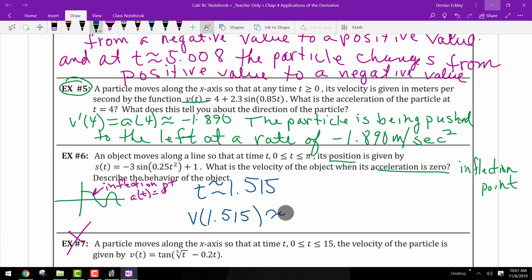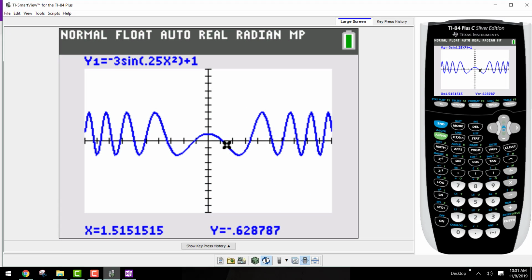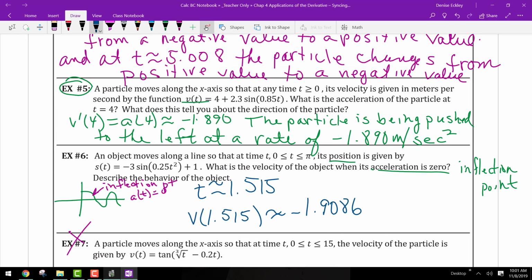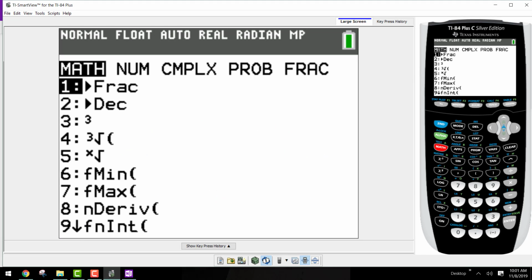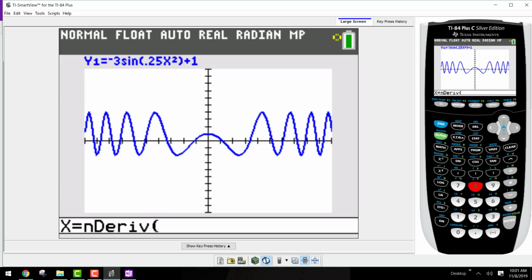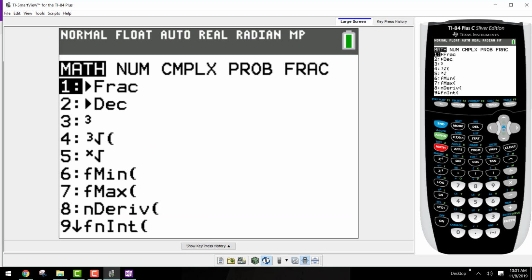So this is approximately equal to negative 1.9086. Okay, and how did I get that? By going in my calculator and doing the nDeriv again. Whoops, I did not want to do that there. Let me get out of my graph and do it here, like I should.